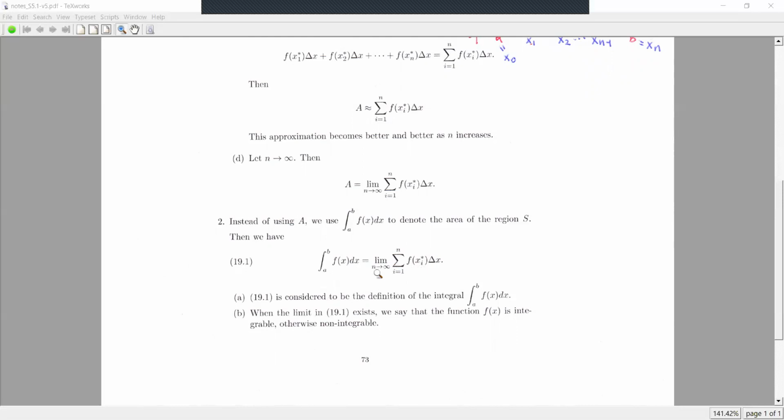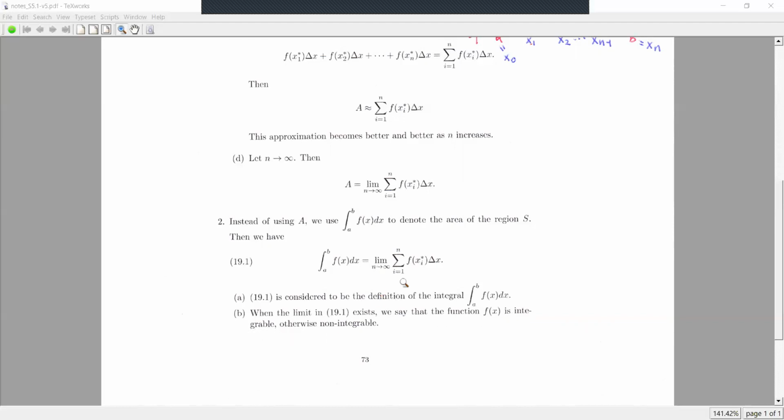We know that a limit may or may not exist, right? When there is more than one limit, then the limit doesn't exist, right? When the limit exists, we say that the function f is integrable.